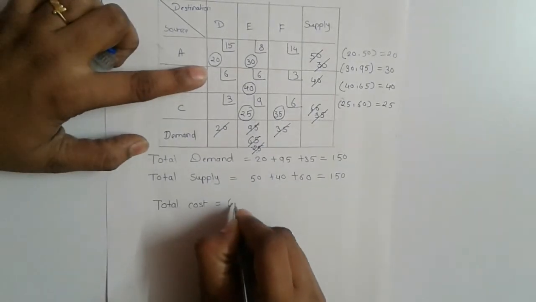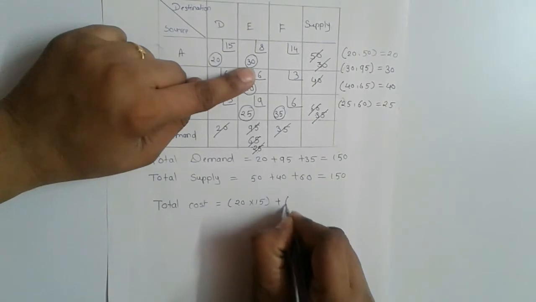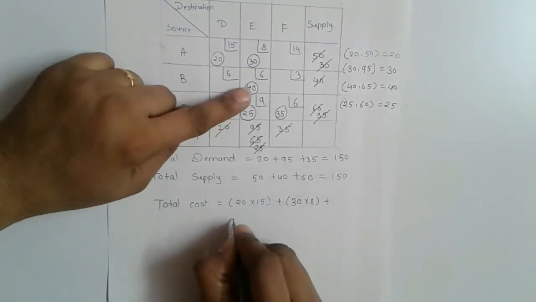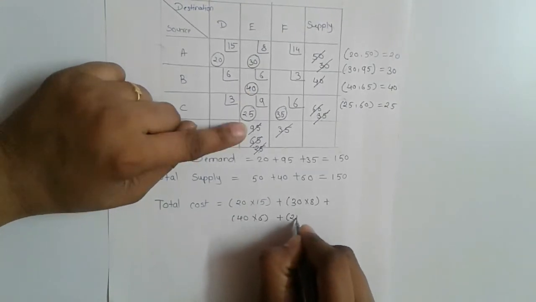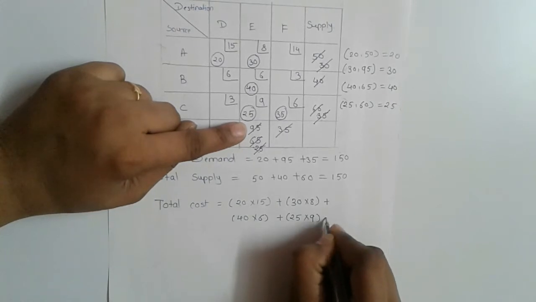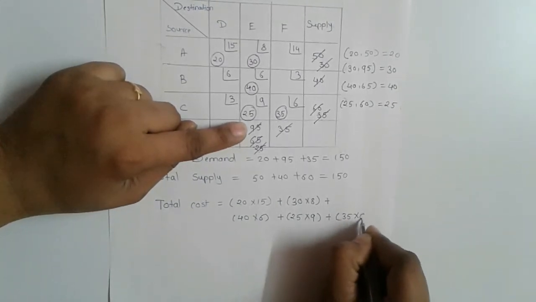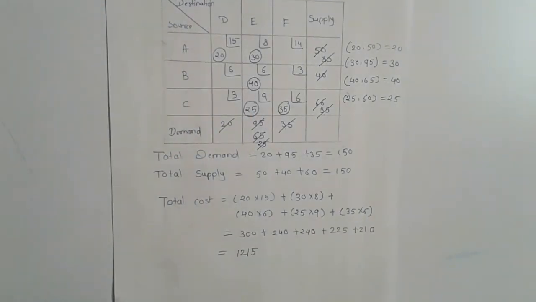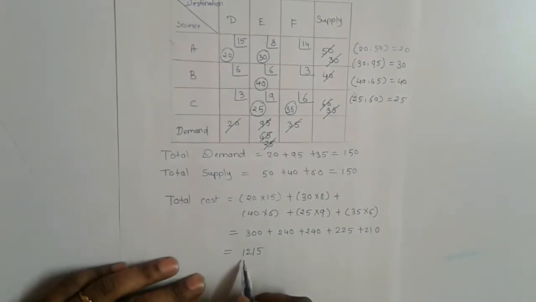So 20 into 15 plus 30 into 8 plus 40 into 6 plus 25 into 9 plus 35 into 6 equal to 1215. So the total minimum transportation cost is 1215.